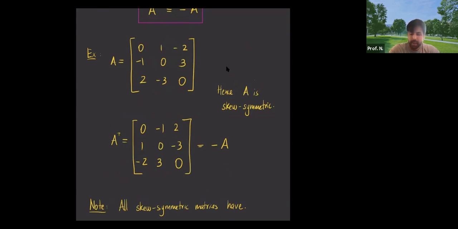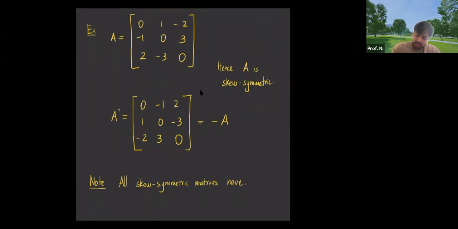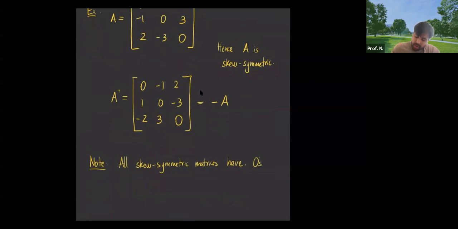I don't know if you see it, but this matrix has zeros on the diagonal. Do you see why it must be 0? The entries have zeros all along the main diagonal.